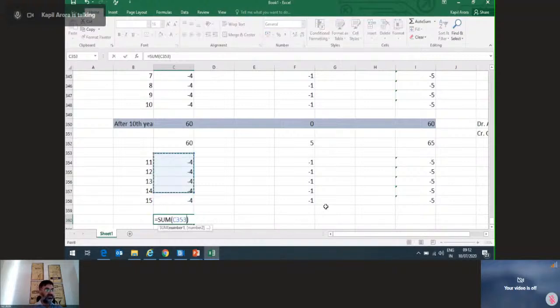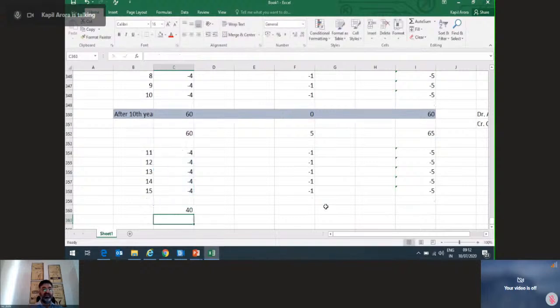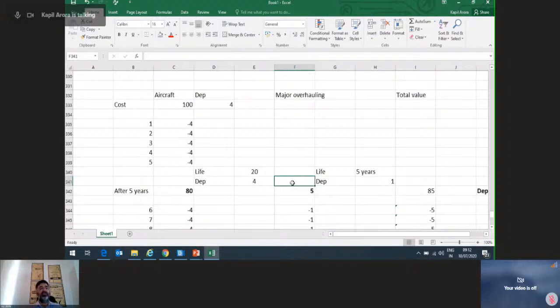So I am showing the asset value. The asset value after 15 years would be 40 and major overhauling asset value would be 0. Right? So again, whenever we do major overhauling, we consider that it will be added to the value of asset.